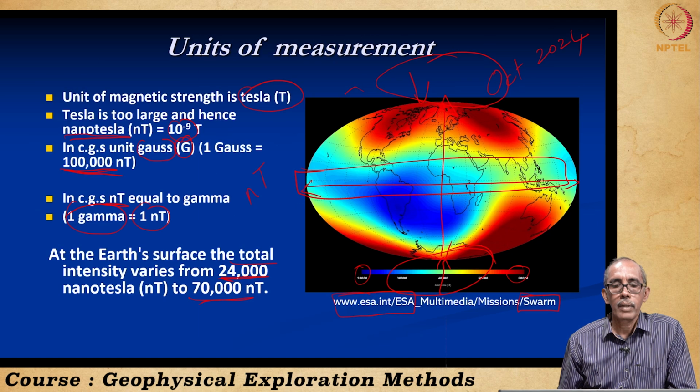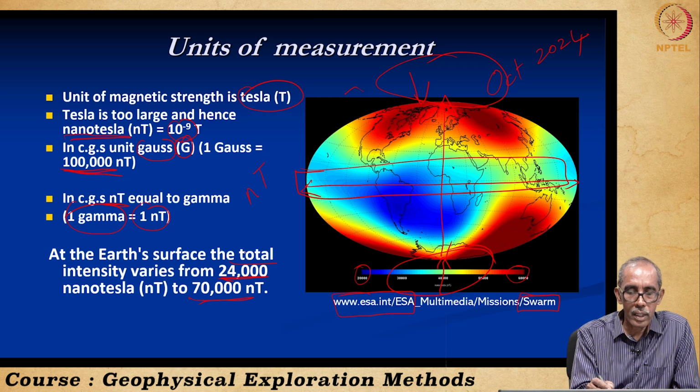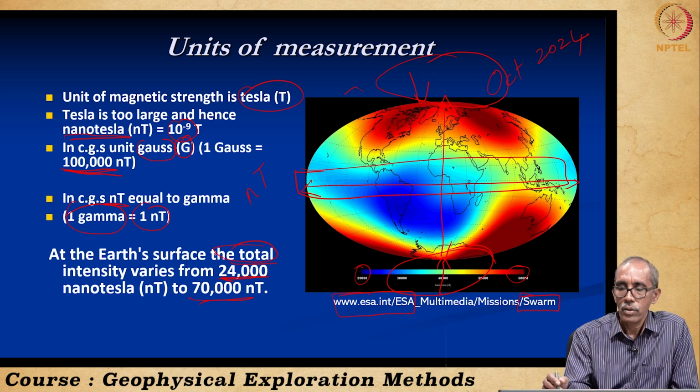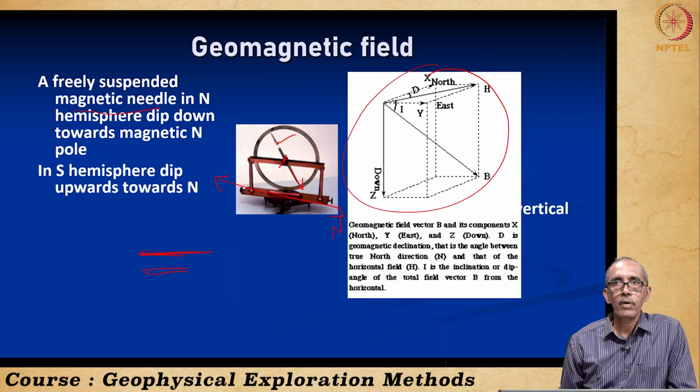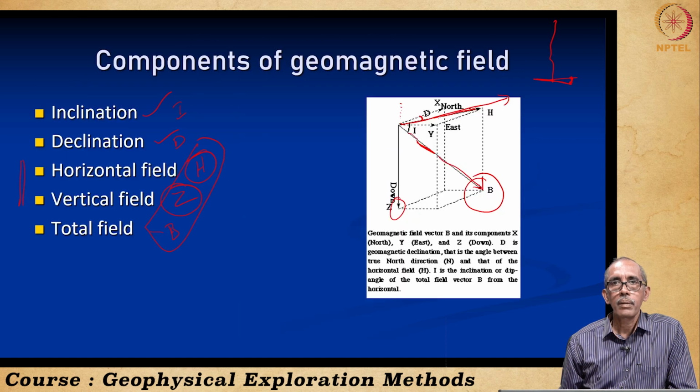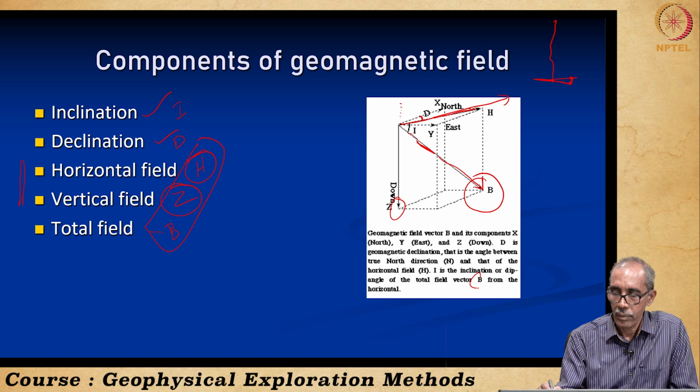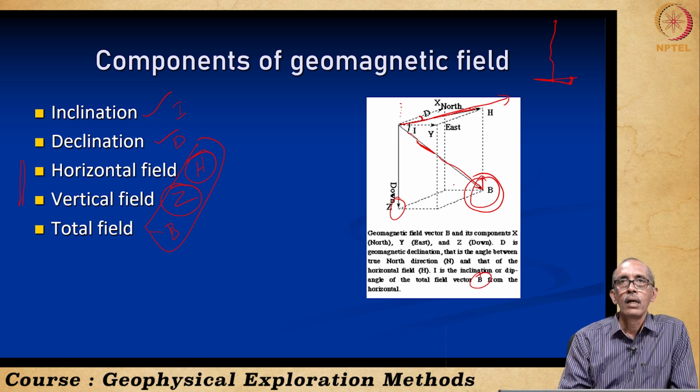Here I mentioned we are going to see the total intensity. This diagram shows the total field intensity, which is referred to as the letter B in this diagram. This is the total field. In magnetic investigation, we can measure any one of these 5 components of the magnetic field.